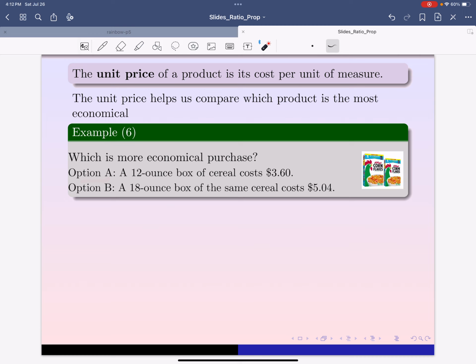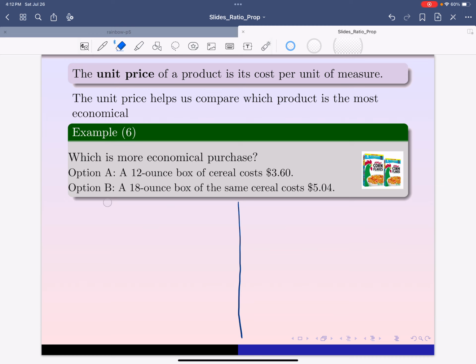Option A is a 12-ounce box of cereal that costs $3.60, or option B, an 18-ounce box of the same cereal that costs $5.04. We'll try to find how much it costs per 1 ounce in that case.